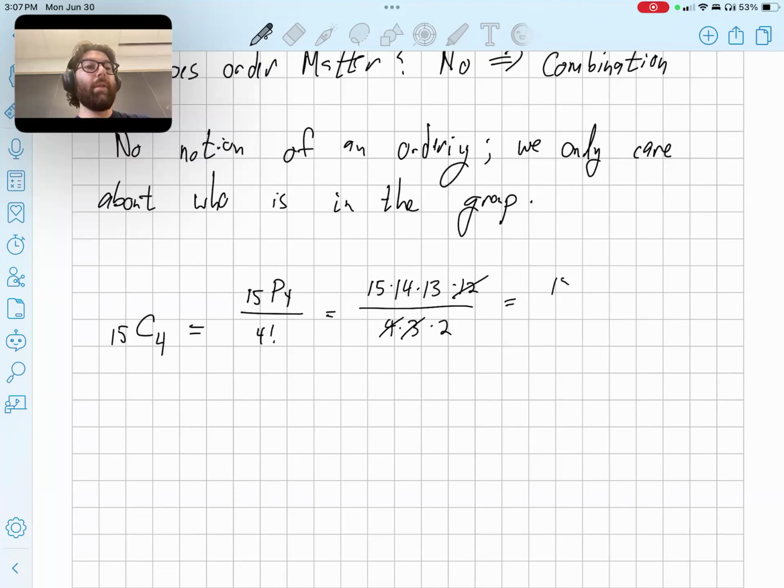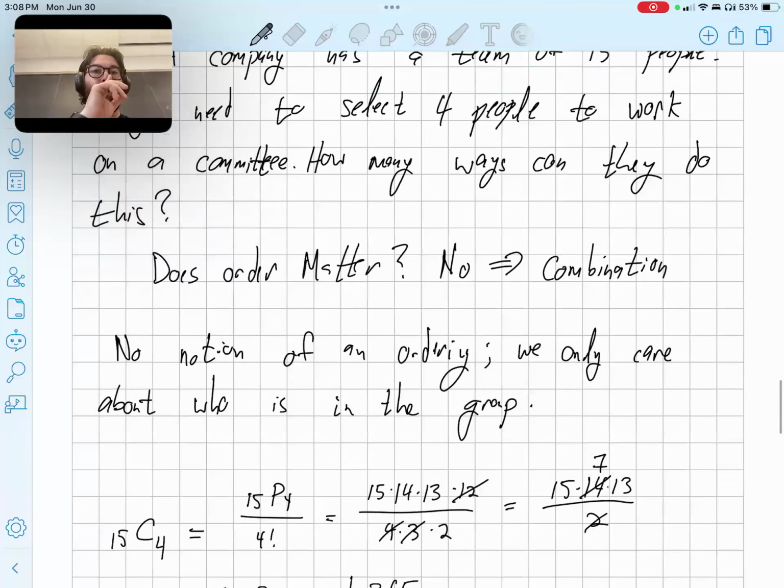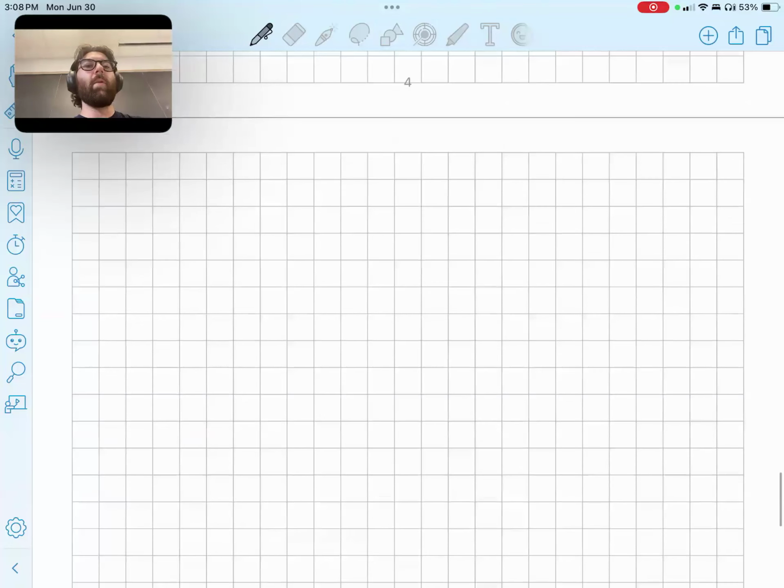And then that's 15 times 14 times 13 over 2. And then 14 divided by 2 is 7. So that's 15 times 7 times 13. And so putting that into my calculator, I get 1,365. Okay, so here's a comment I want to make, comment/observation.